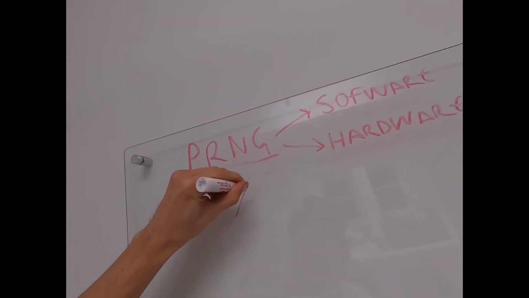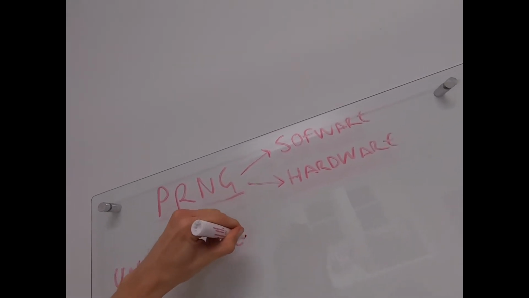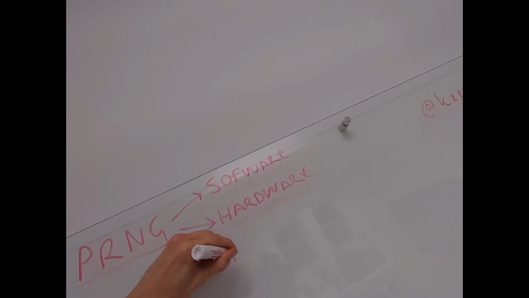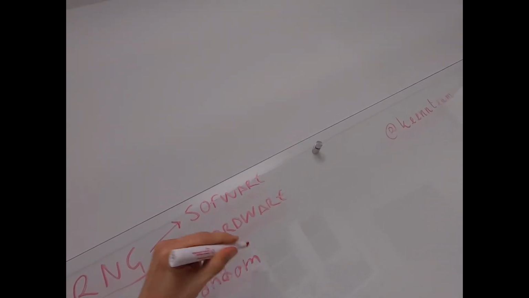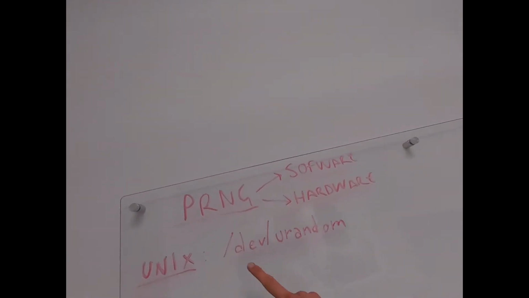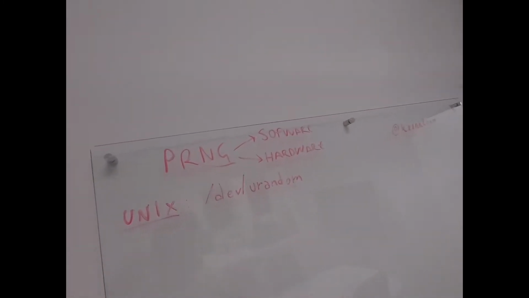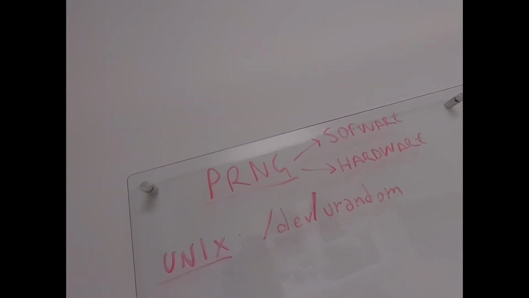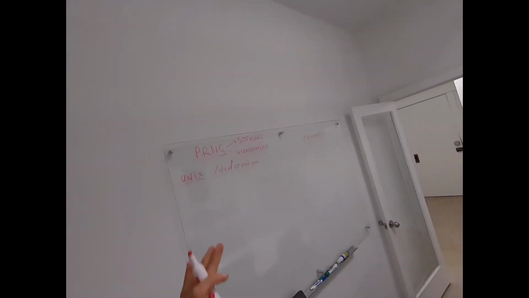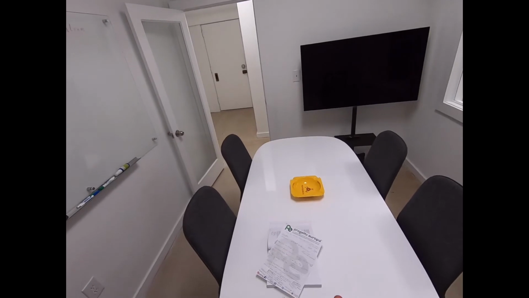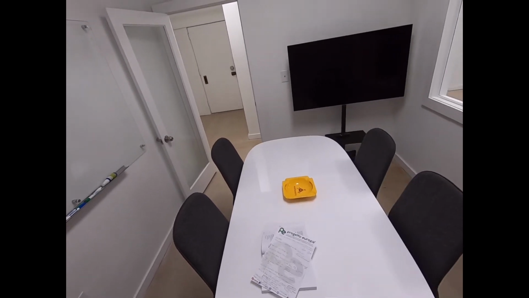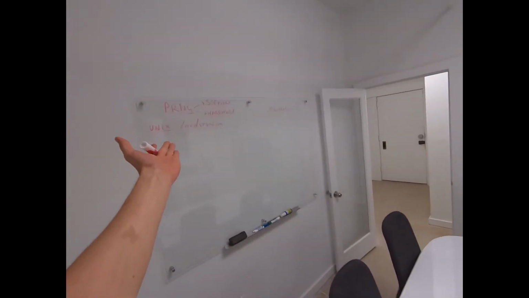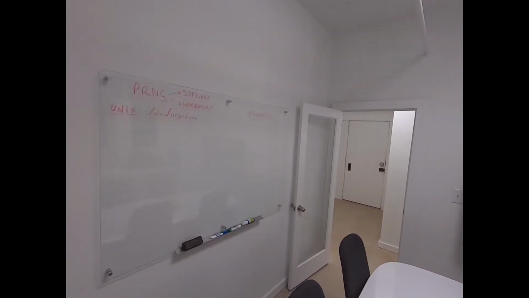We have a file at the root, in the folder dev, called urandom. Urandom is a file, so you can read it as a file, and if you do, you get reliable random bits directly from the operating system.